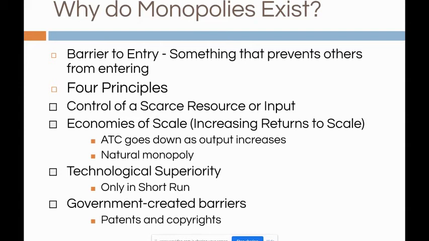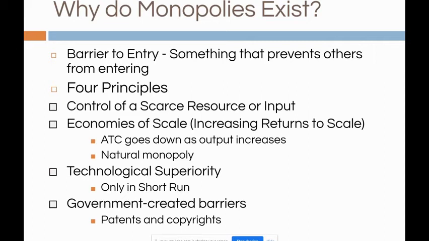Oil companies, there's not a ton of oil spots that are functioning, so oil for a long time was a monopoly. For Chiquita Bananas and Dole, you need certain climates to be able to grow those types of fruit year round, and they had control of that scarce resource. Remember, scarce, we talked about, means not a lot. So if you have control of a scarce resource, then you can become a monopoly. It doesn't happen all the time, but it can. So that's the first one.